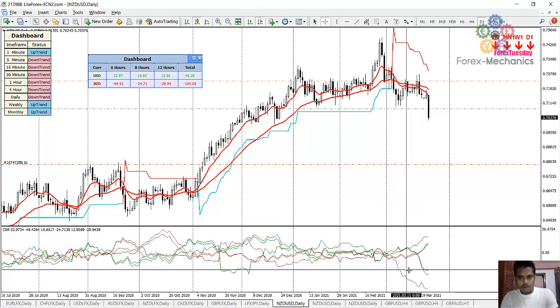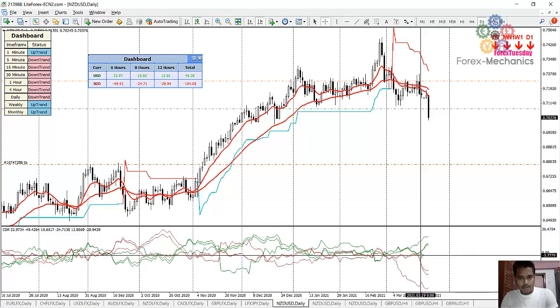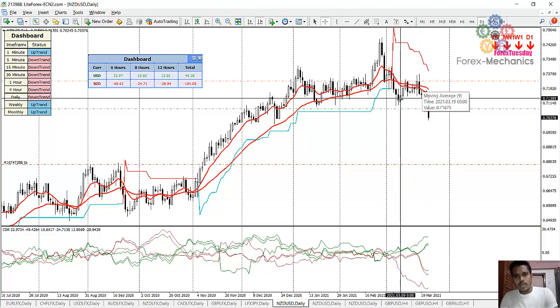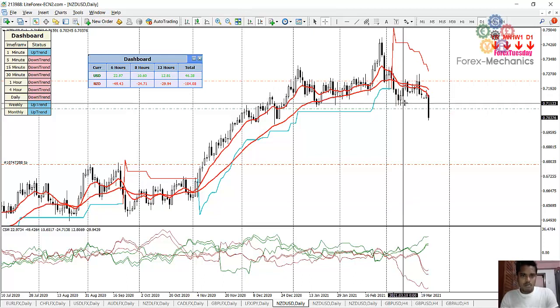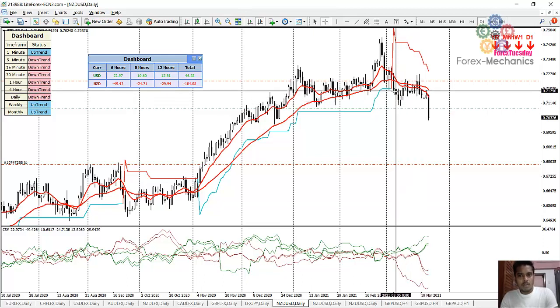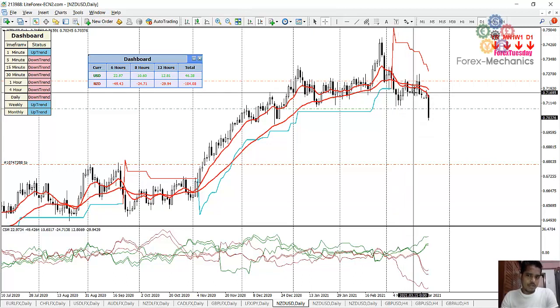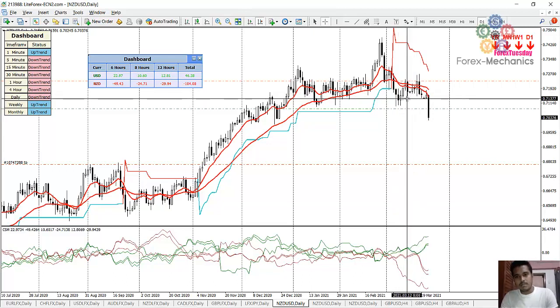This is when the New Zealand dollar really went under heavy selling pressure today, and I was tracking this cross. So when I know that there was a moving average cross, I am looking for a sell opportunity. That sell opportunity is only going to come when I know that, if I am selling New Zealand dollar, US dollar, then I want to see some selling pressure on the New Zealand dollar.